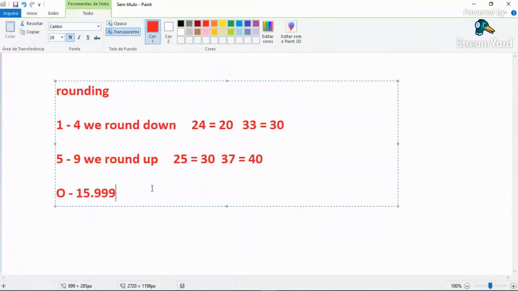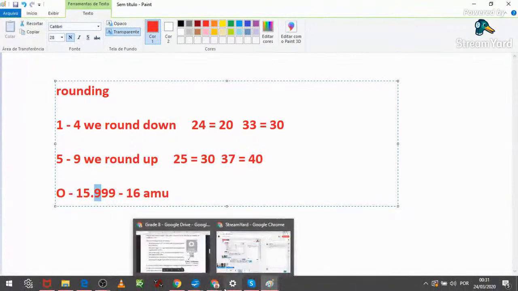So I'm not going to look at that number. I'm going to look at this number. It's a 9. So that's going to push me up to 16. Okay, that's why they're doing the math like that. So the AMU is 16. It's because of the 9, not because of the 15.